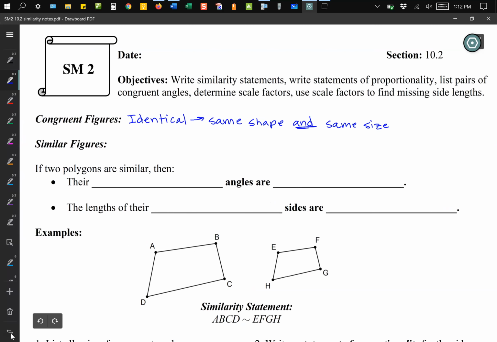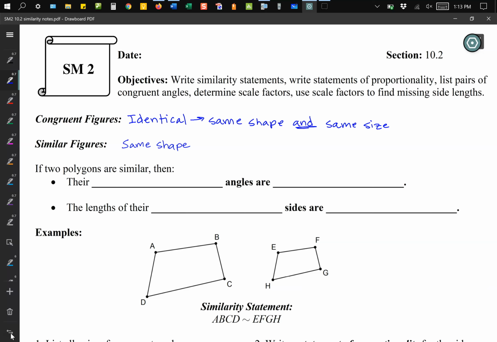But similar figures aren't identical, they are similar. They are the same shape. But they don't have to be the same size.